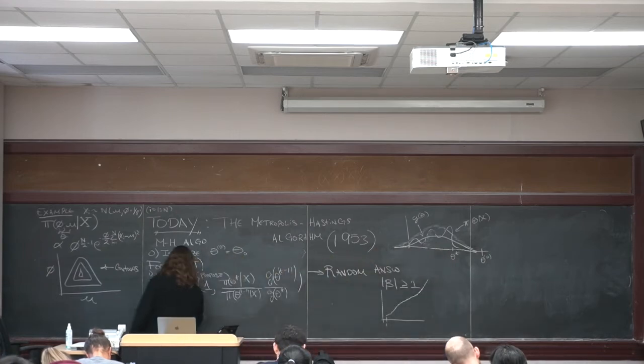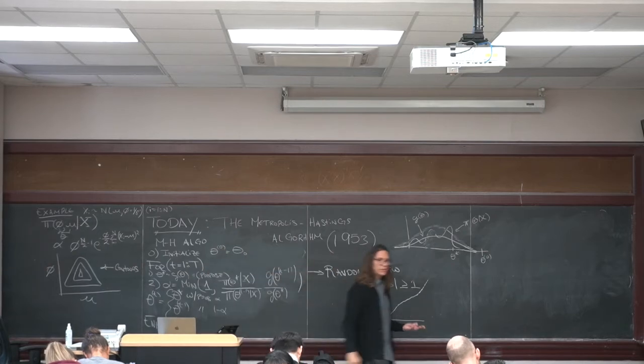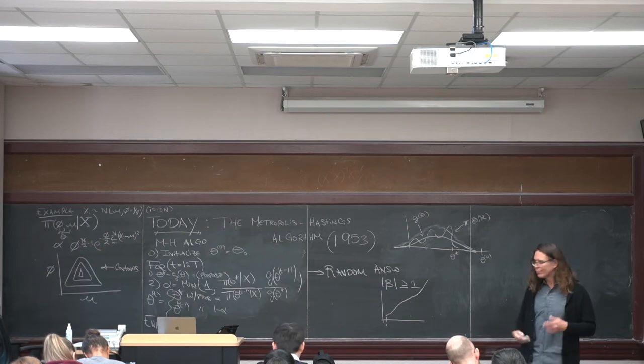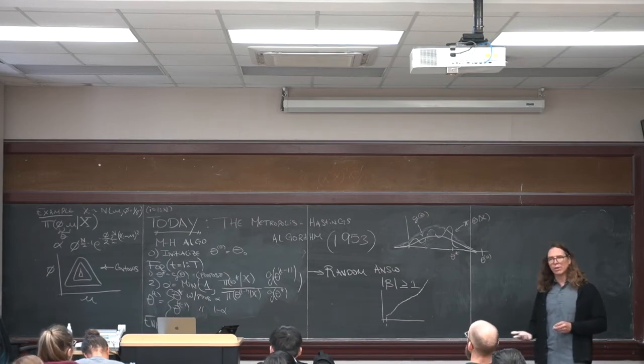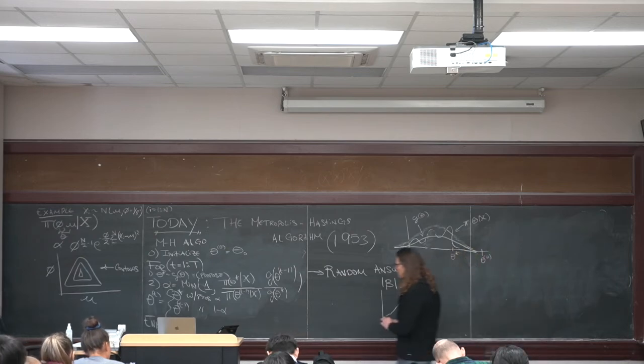So this is going to happen with probability alpha, and this happens with probability 1 minus alpha. So I do one of two things. I either store the same point, we're not discarding it, or I move to my proposed location. So let's just look at this ratio real quickly.